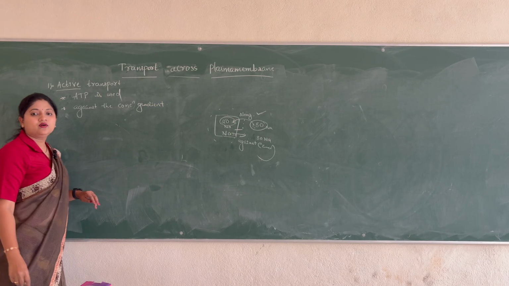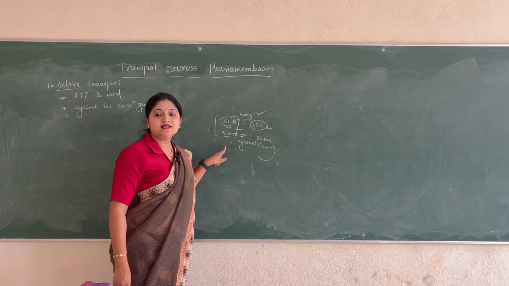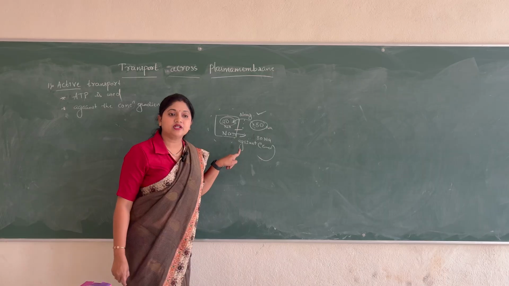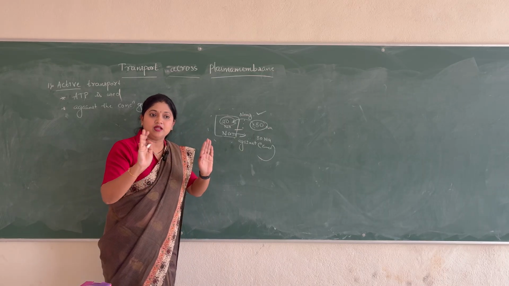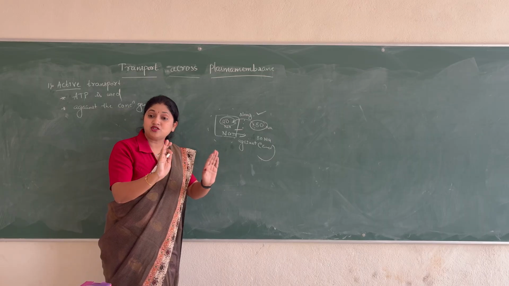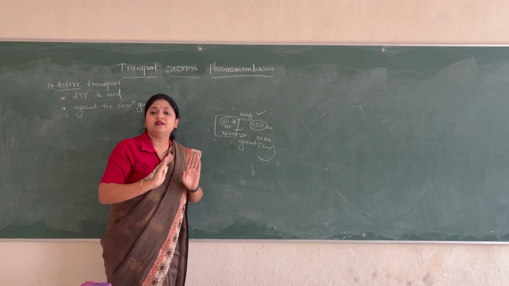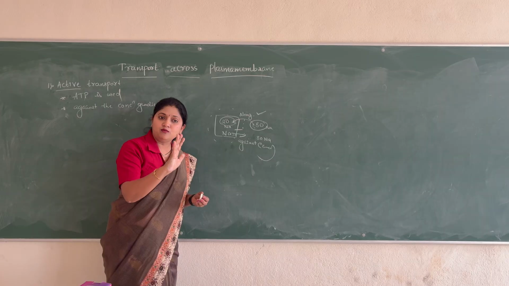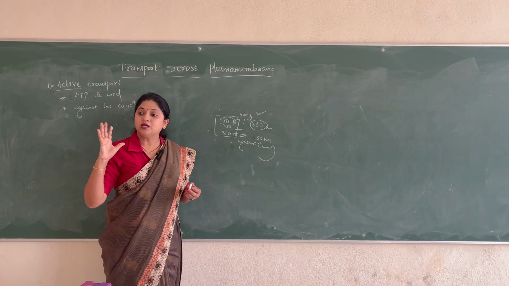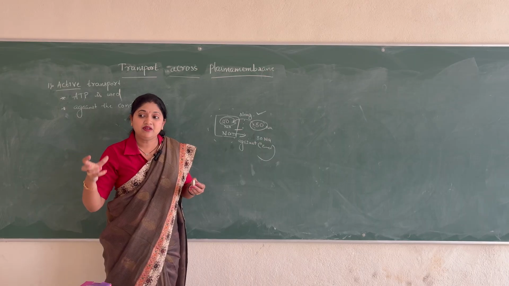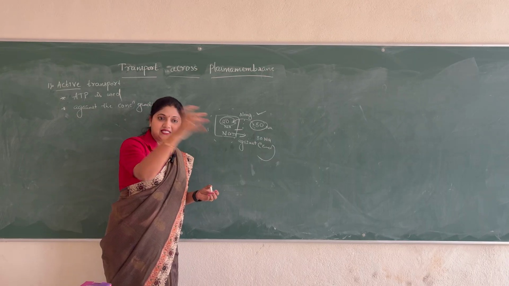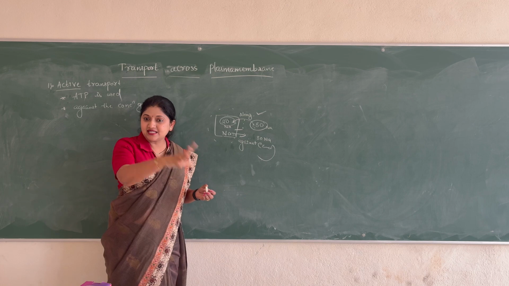Now, as I said, since it is happening against the concentration gradient, the movement has to be pushed, right? It has to be forcefully done. So, for the forceful movement, it's not happening naturally. We will have to pick, send it.